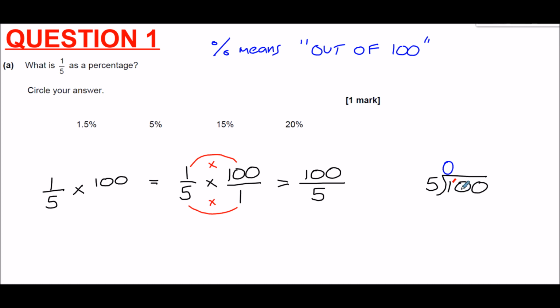So that 0 is now 10. How many 5's fit inside 10? It's 2 exactly. And finally, how many 5's fit into 0? That's exactly 0. And so our final solution is 20. So the answer to this one is 20%.